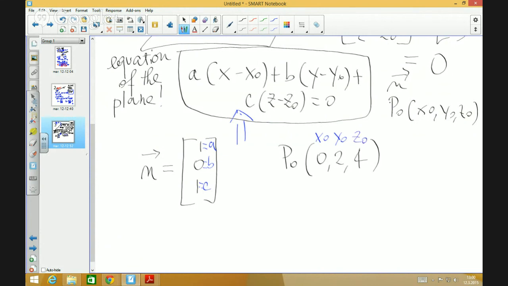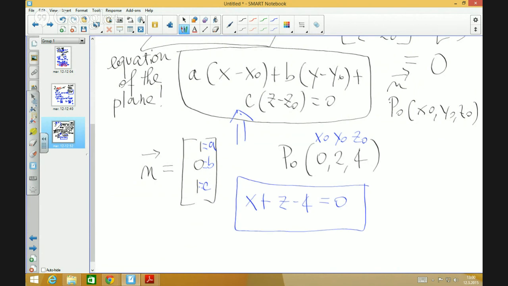So what does the formula say? x minus 0, which is x, plus b times, now b is 0, so that thing disappears, plus c times, c is 1, z minus z0, z0 is actually 4, so z minus 4 equals 0. That's the equation of the plane.